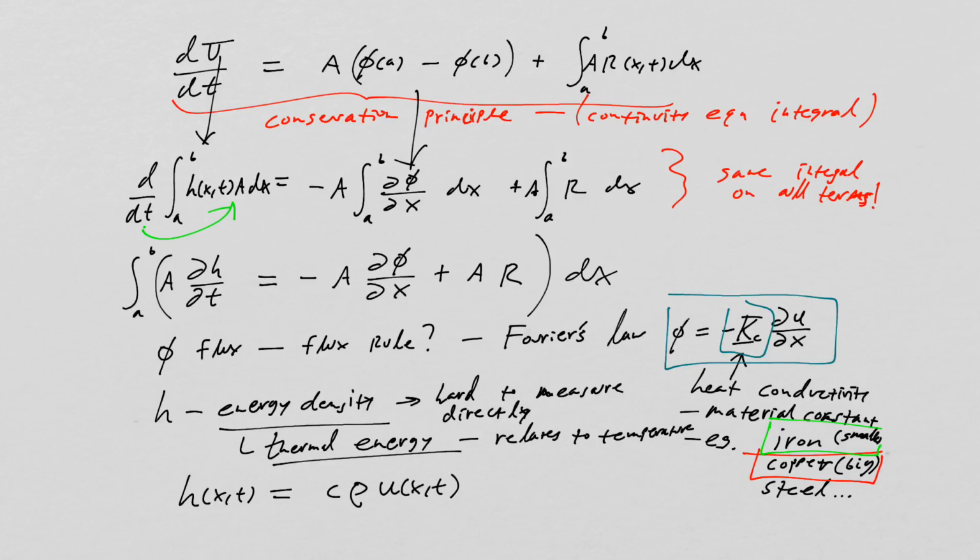Right? Remember that U variable, that is temperature. Okay. So what we have to do now is figure out these two constants here. So C, that's what we call the specific heat. And of course, rho is the common parameter we talk about for mass density.